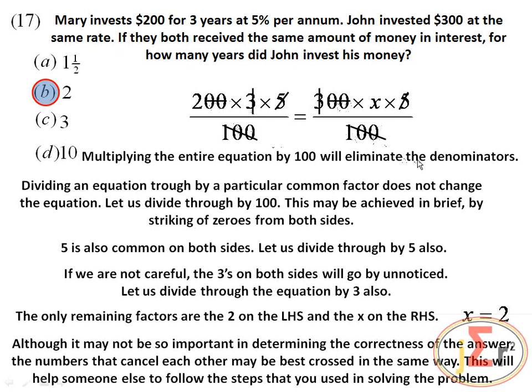Maybe not so important in this particular case because we have so many hundreds cancelling, but in the event that we have several different numbers cancelling, or, to say this a better way, reducing by other factors, it may be important in making yourself clear to the person who is marking your paper if you cross the ones that you are taking together in the same way.